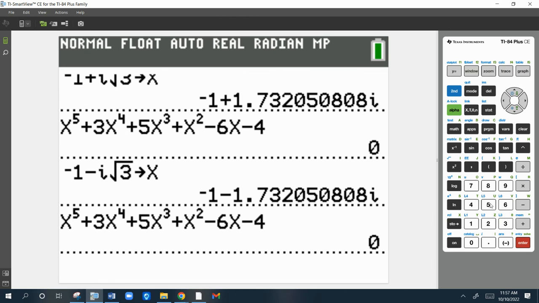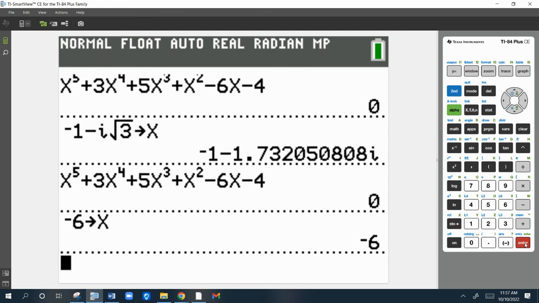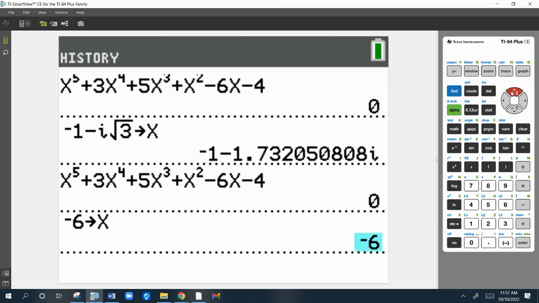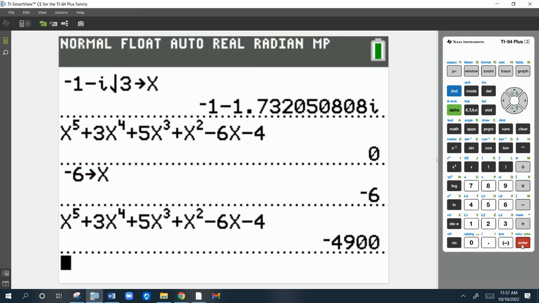And if I put 6 in for x, this should not work because 6 was not one of my zeros. So if I did change that x to 6 and type this, I should not get 0, and I obviously don't. So that's your check. It's pretty simple. So practice that.